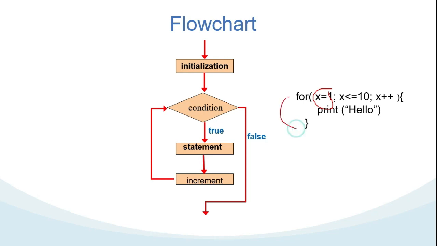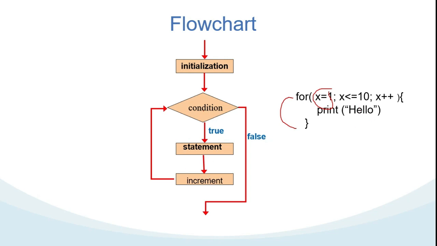It means it will go back to this. Now it will check 2 less than or equal to 10. Since it is true, then execute it again, hello, for another time. And then increase again by 1. Check again. 3 less than or equal to 10. Correct, or true, then the statement will be repeated again.